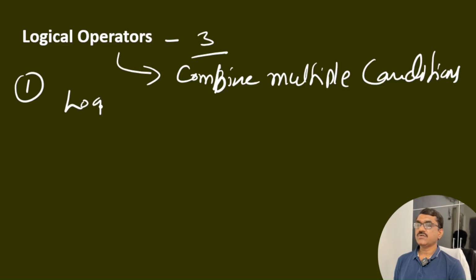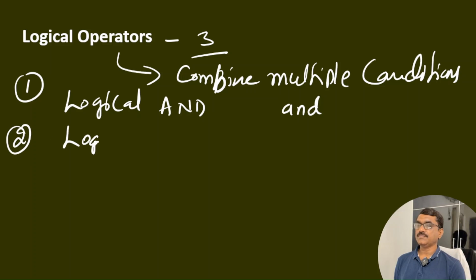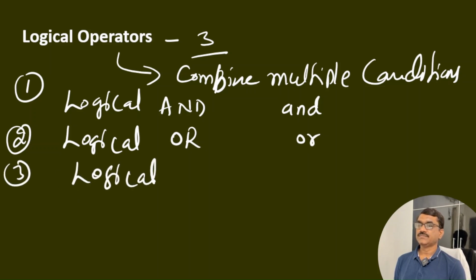First, we are going to talk about the 3 types of logical operators. The first one is logical AND. It is read as logical AND, but we are using the keyword or operator and. The second one is logical OR. It is written as or. And the third one is, sorry, logical NOT.